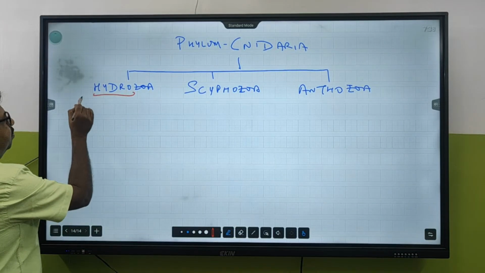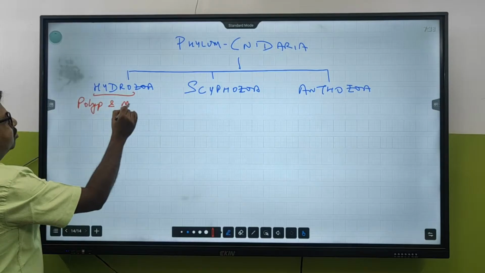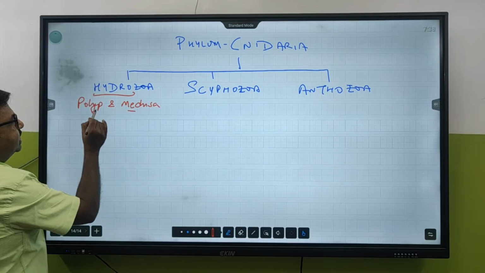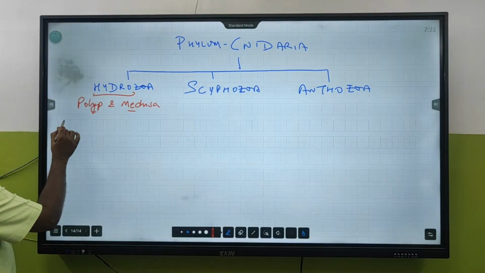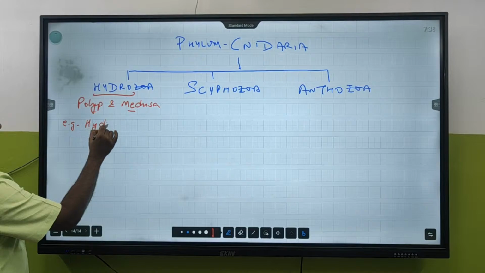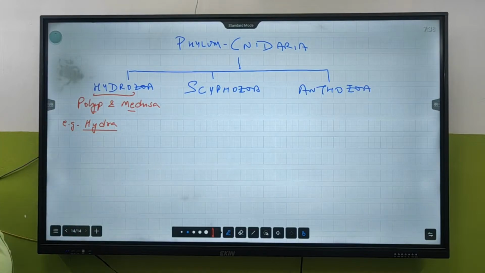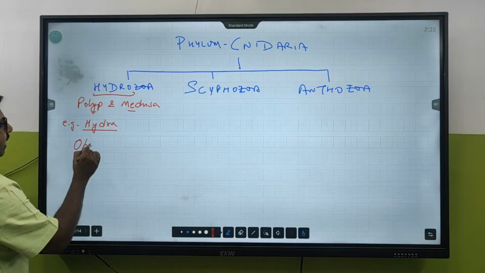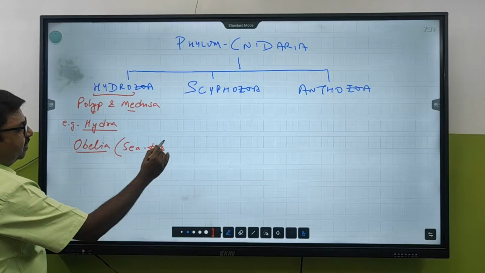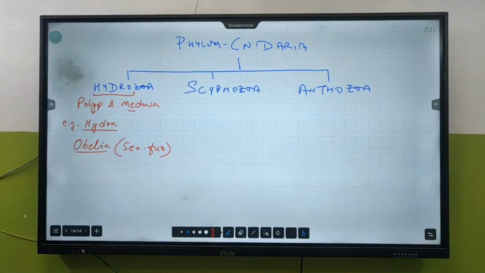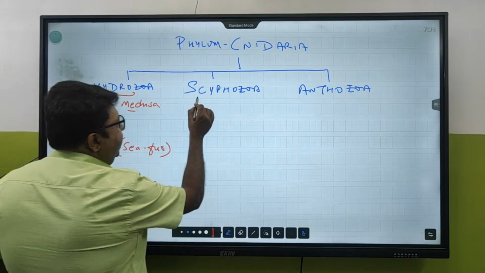The uniqueness is that they have got both polyp and medusa and they can interchange among themselves. So both of them are dominant. The best examples are Hydra and also Obelia, called sea fur in your book. So in Hydrozoa, both polyp and medusa are dominant.